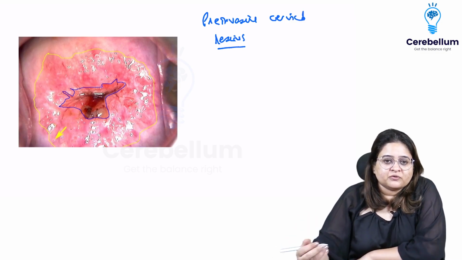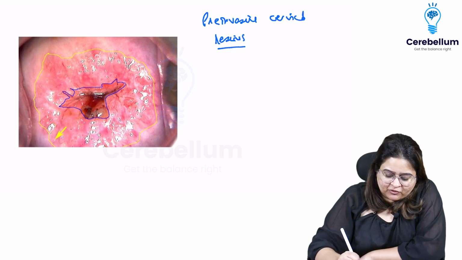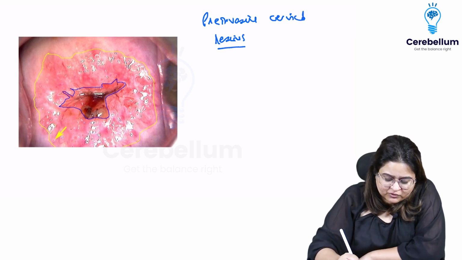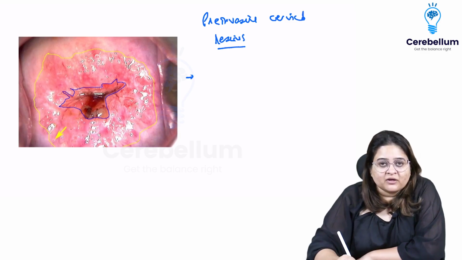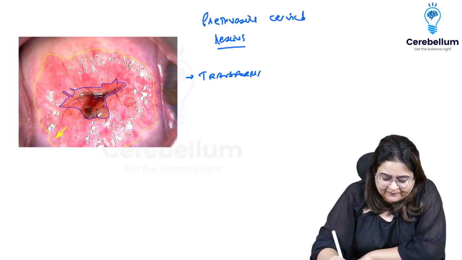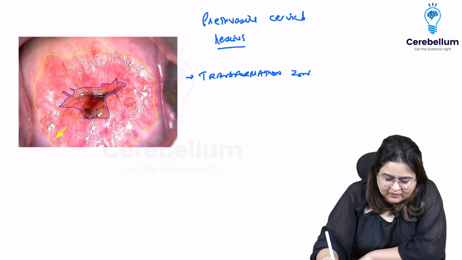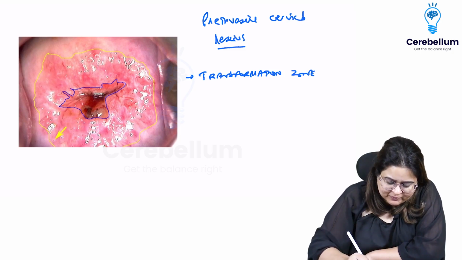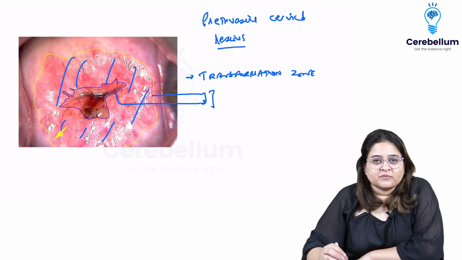When we talk about cervical cancer, we need to understand that the primary area of the cervix where cancer can happen is something called the transformation zone, which is what you see here. This area between the purple line and the yellow line is the transformation zone.